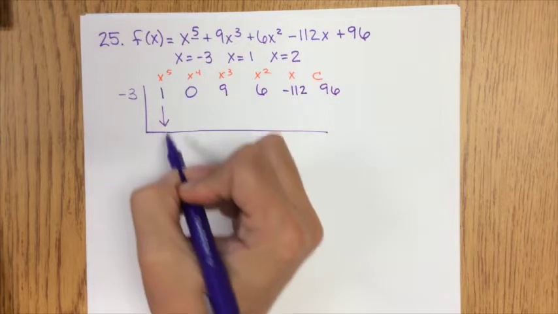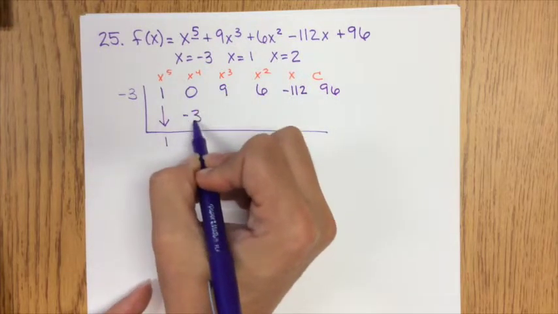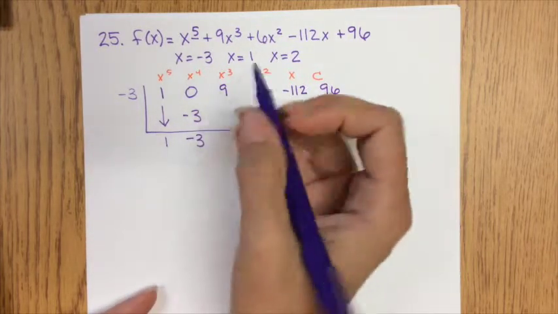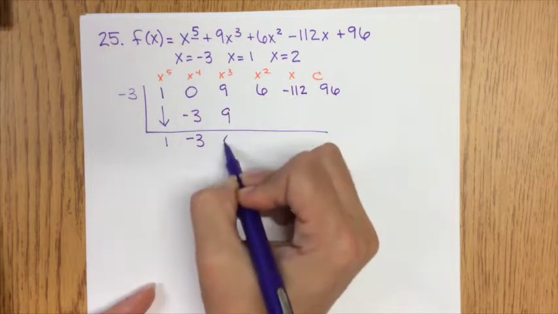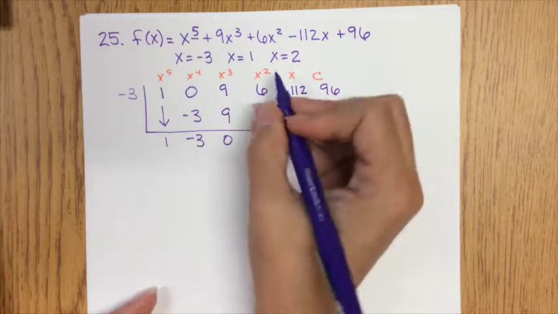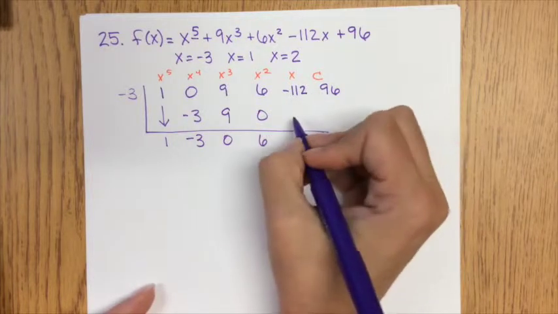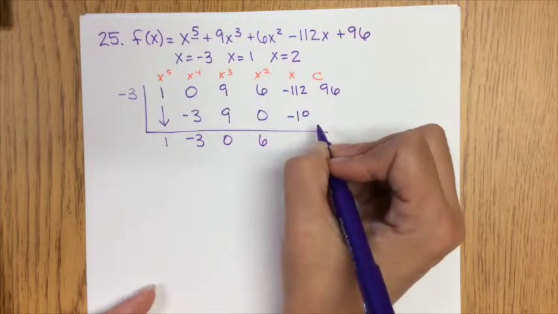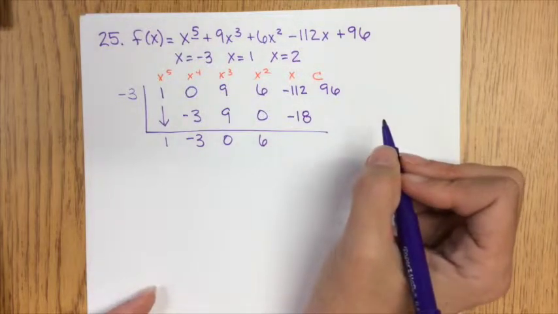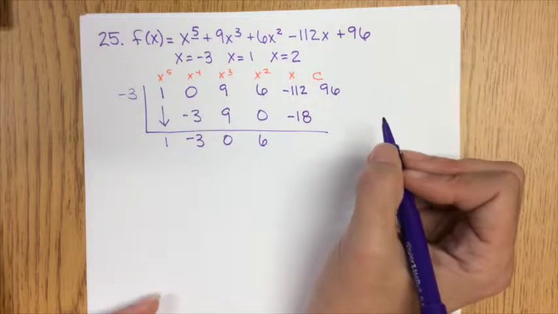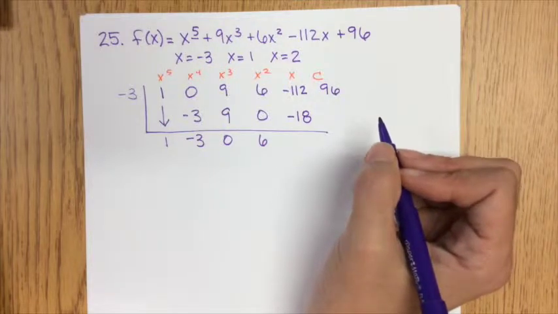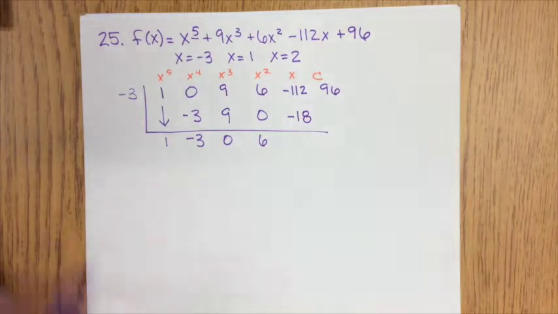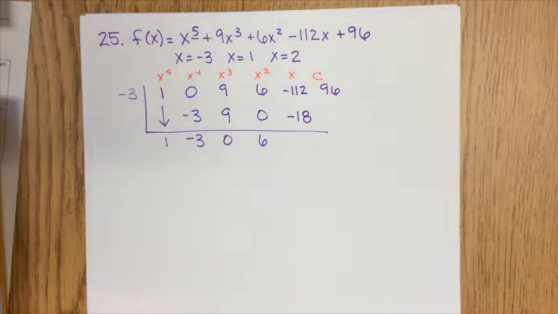And begin. First term comes down. 1 times -3 is -3. Add down. -3 times -3 is 9. Add down. 0 times anything is 0. Add down. 6 times -3 is -18. That doesn't seem right. Did I write down the problem right? Okay, so let's try it. I seem to be doing it right here. Hold on.